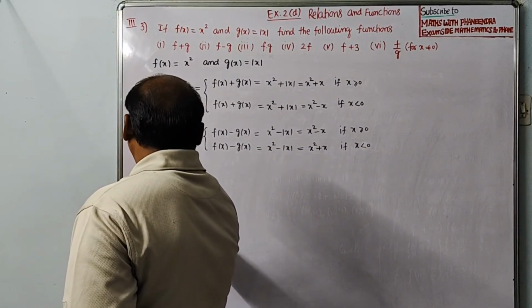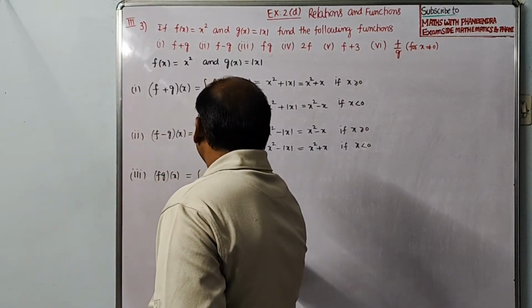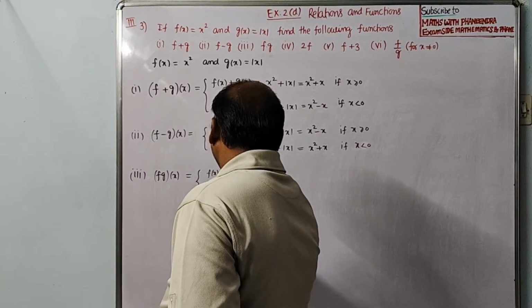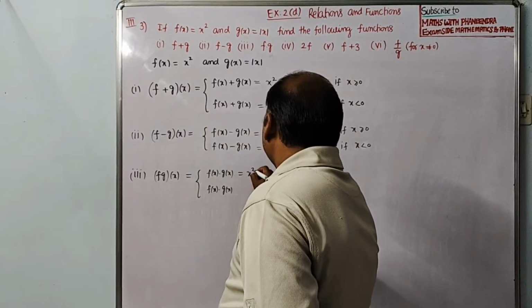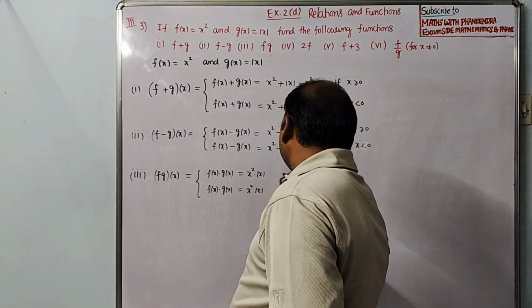So third one, f g of x. f of x into g of x, x squared into mod x.